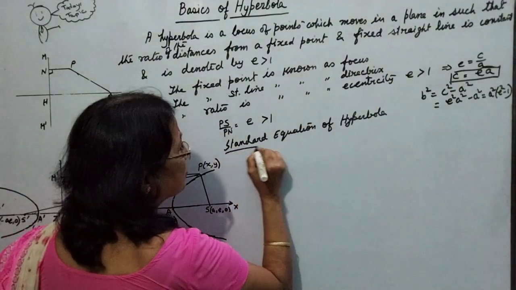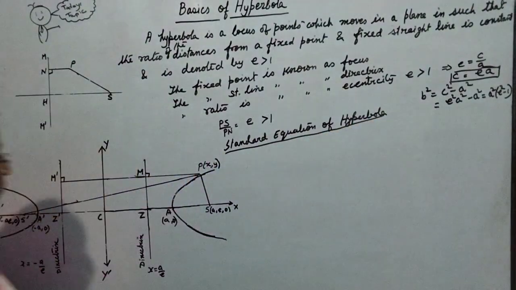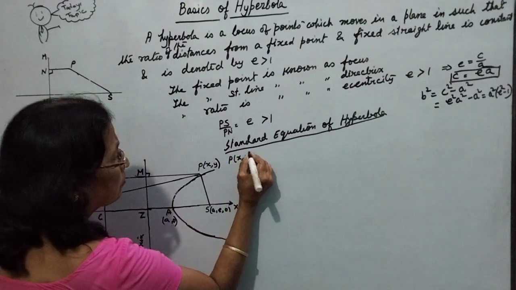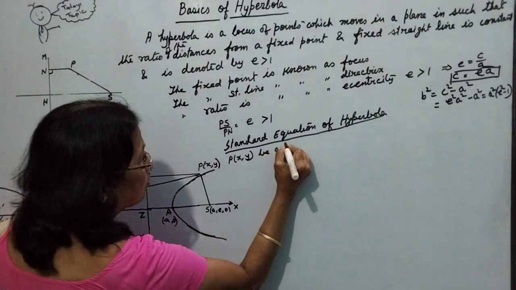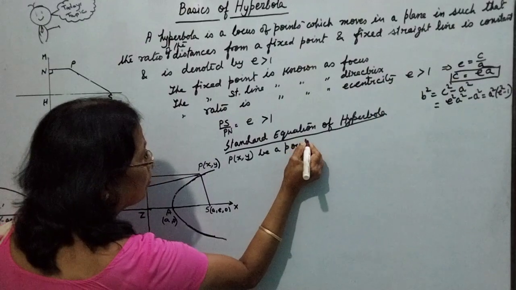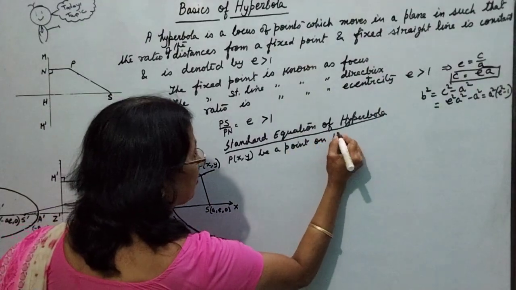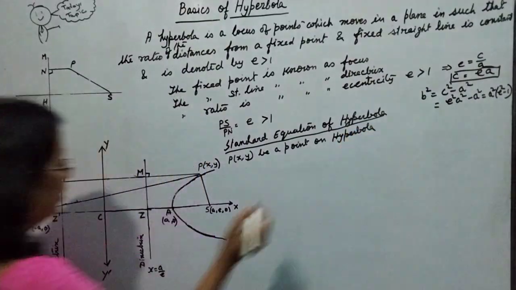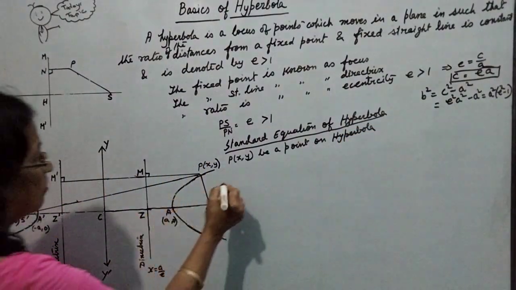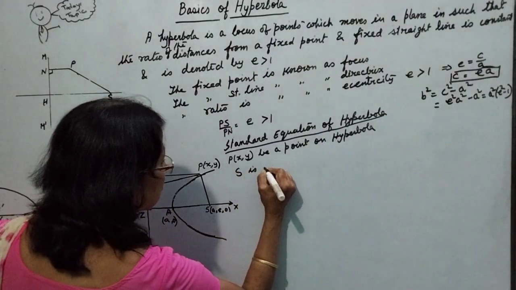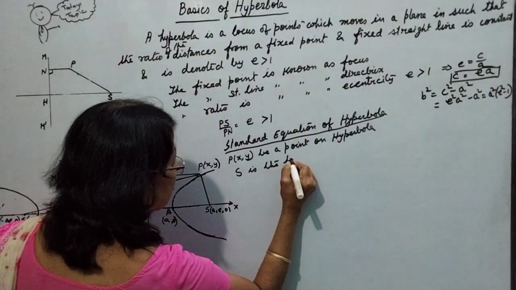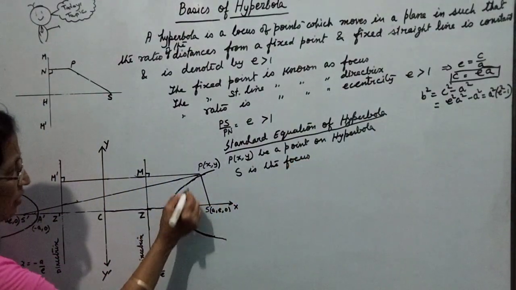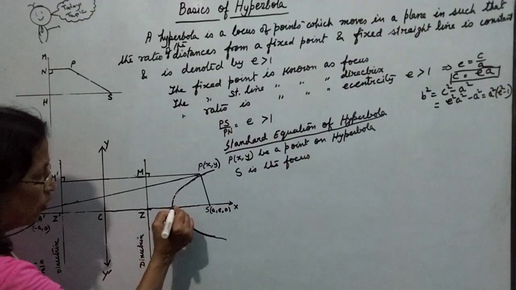Now how to find out the standard equation of hyperbola? Here we have taken P(x, y) to be a point on the hyperbola. Now here S is the focus. According to the definition, SA, this point P can come to this point also.